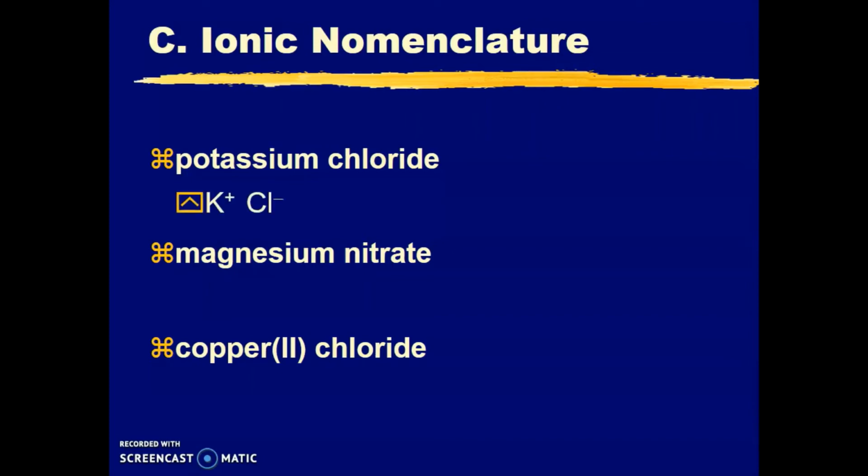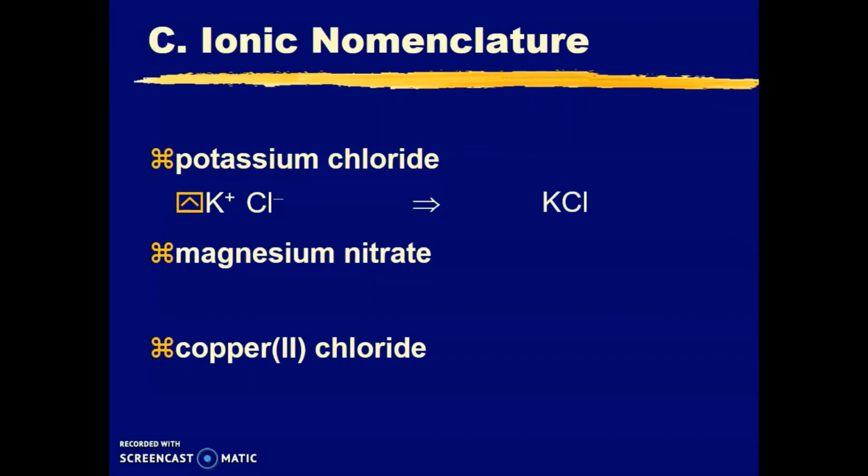I'm going to write down a K with a plus sign to be +1. I'm going to write down a Cl with a minus sign to mean -1. Now I'm going to compare these two charges to see if I need any subscripts. +1, -1 cancel out. +1 -1 equals 0. So that means I don't need any subscripts. So my final answer is KCl.